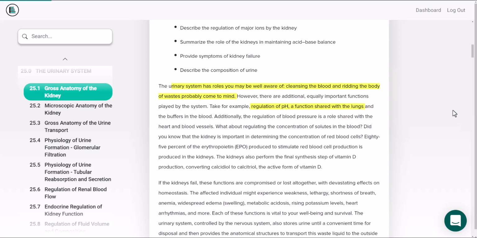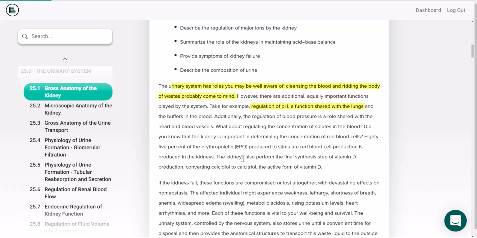The kidneys are also hugely involved in regulating your blood pressure, and we have seen this hormone EPO come up before. So erythropoietin, about 85% of it, is made in the kidneys, a little tiny bit in the liver, and EPO is, as you know, stimulating red blood cell production.